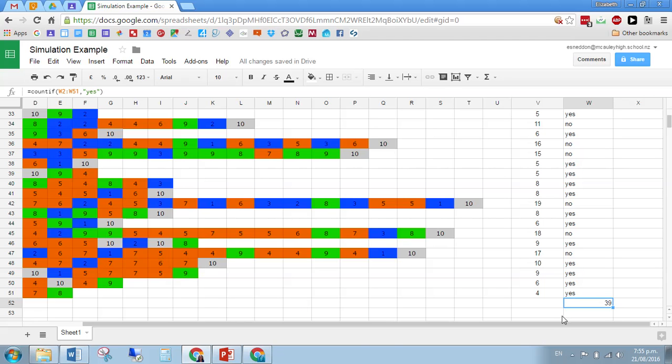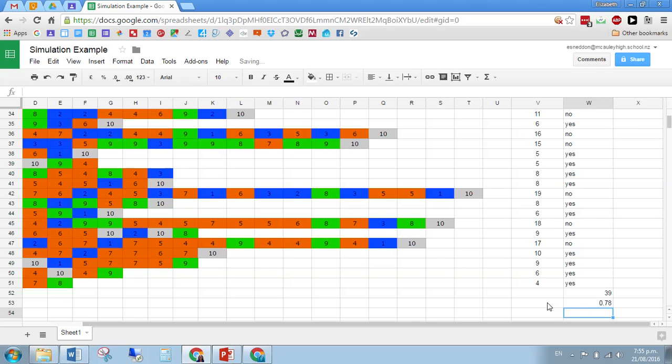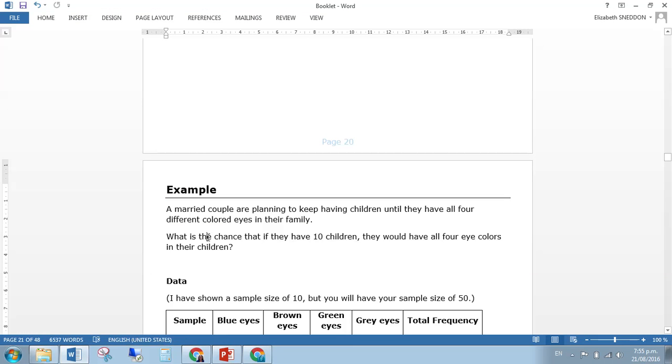So my probability is equal to 39 out of 50. I could write that as 39 over 50 as a fraction, or as a decimal of 0.78. So that is your probability. Going back to the wording, the chance that if they have 10 children, that they're going to have all 4 eye colours, is 0.78. And there's our result.